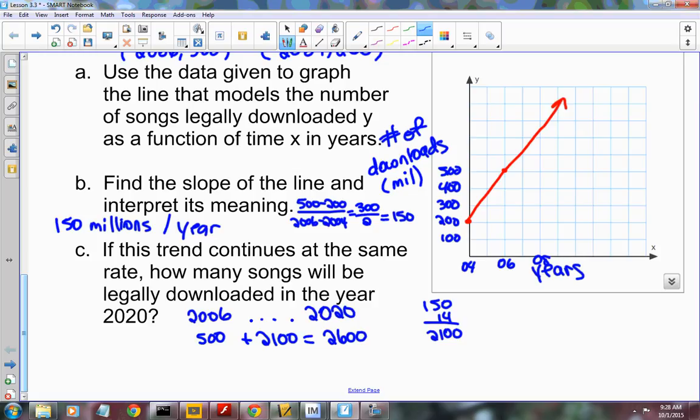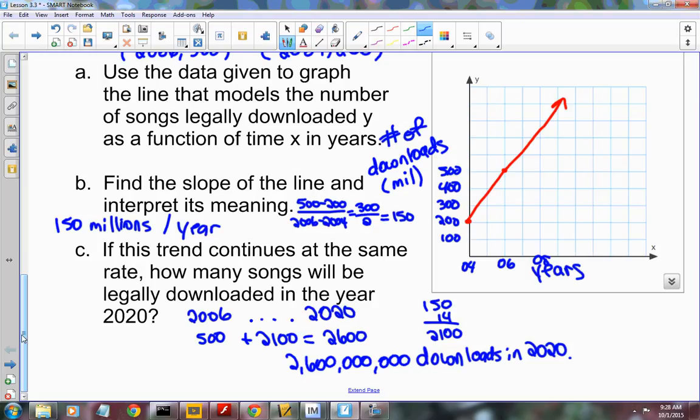It's in the millions, right? But since this is 2,600, it's now going to be in the billions, correct? So it would be 2,600,000,000 downloads in 2020.